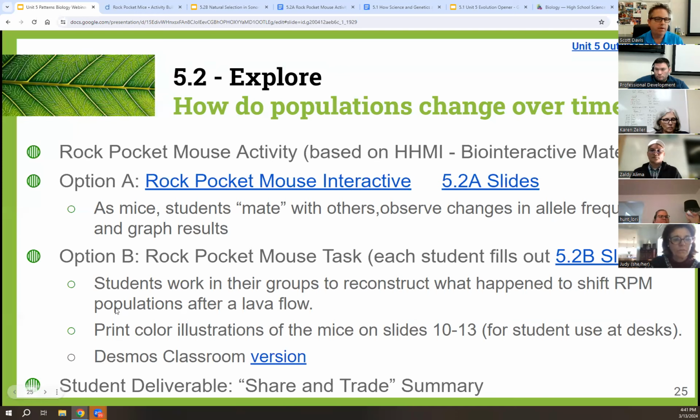The other thing that's nice about this is that it gives them a chance to start thinking about whether or not this is actually an example of natural selection, because there are other examples that will come along later in this unit where they will have to determine, is this an example of natural selection or is it not an example of natural selection?